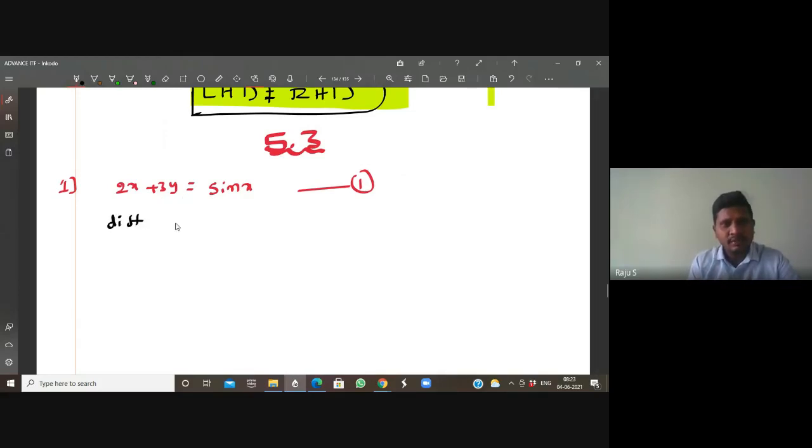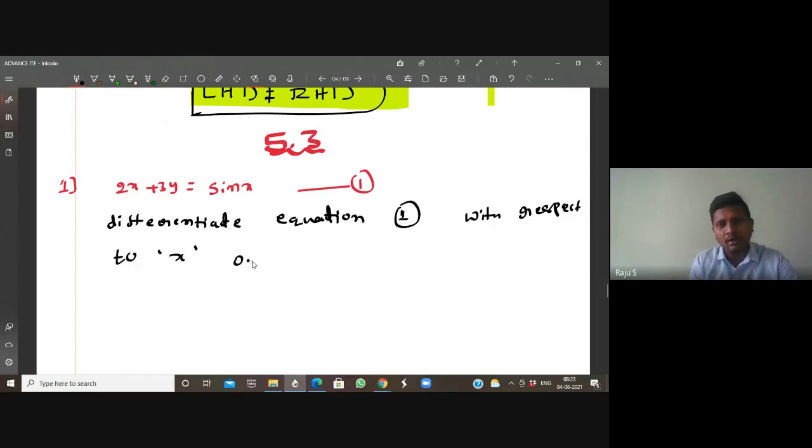Differentiate equation 1 with respect to x on both sides. Like that you have to.